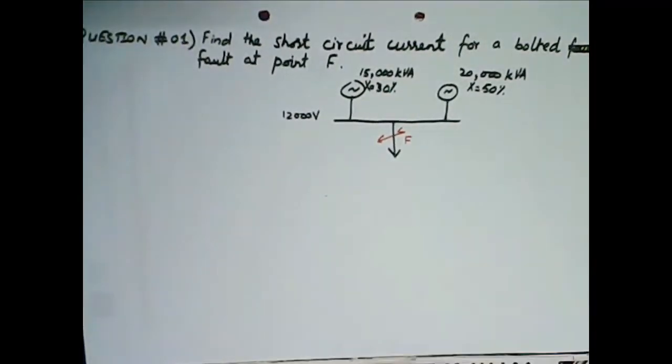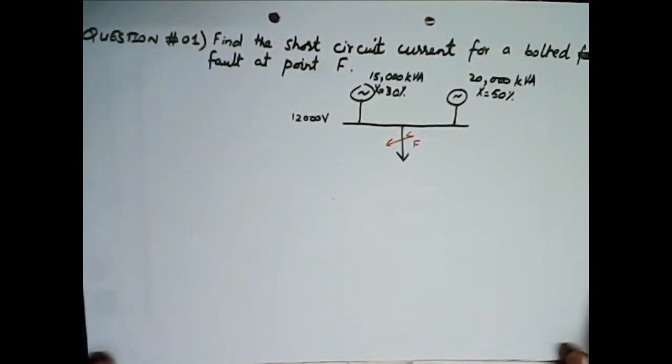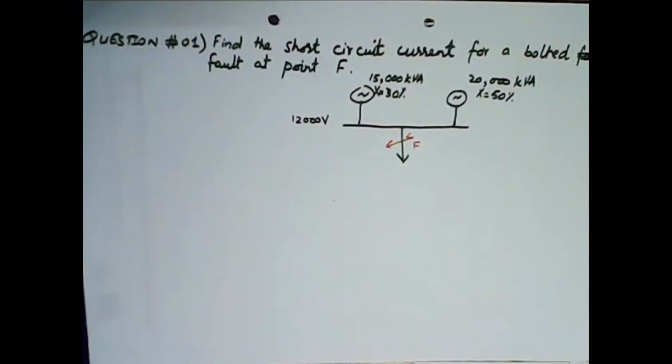Now the very first thing that you need to do, you can see that this system is not expressed in terms of a common base. And in order to solve for the short circuit current, we need to have the per unit values expressed with respect to a common base. So the very first thing we need to do is select a common base.